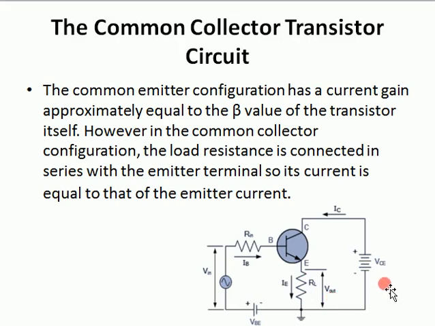The common emitter configuration has a current gain approximately equal to the beta value of the transistor itself. However, in the common collector configuration, the load resistance is connected in series with the emitter terminal. So its current is equal to that of the emitter current. That is, you may say IC is approximately equal to IE in this case.